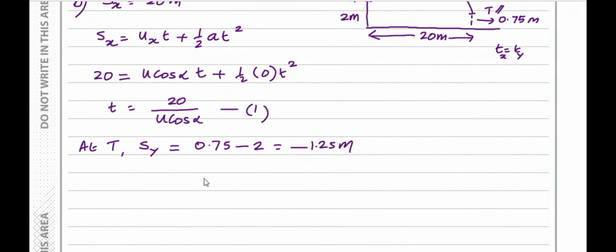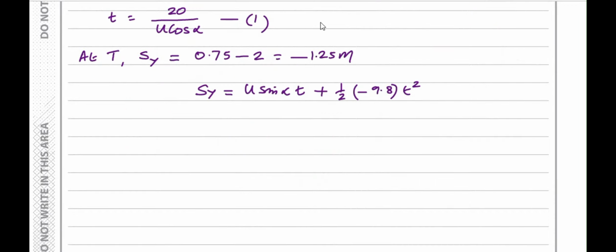We also know that the vertical displacement has this formula. Sy is equal to u sin alpha t, plus half at squared. That is, a is minus 9.8, times t squared. Therefore, minus 1.25 meters is equal to u sin alpha.